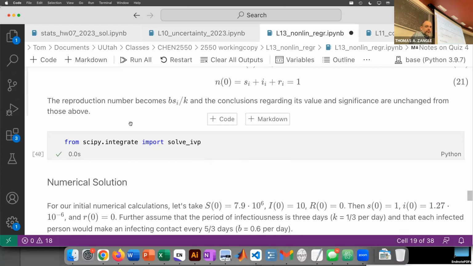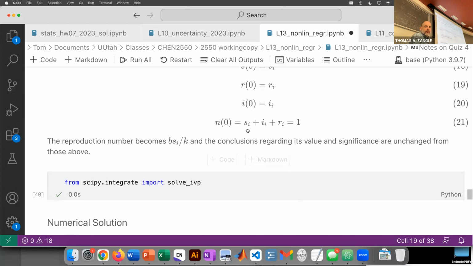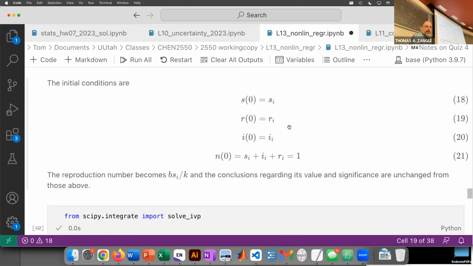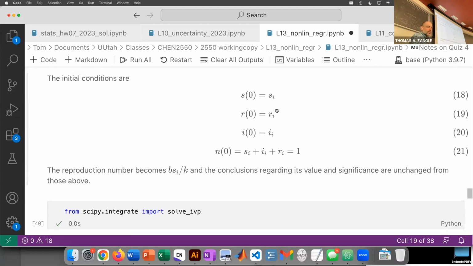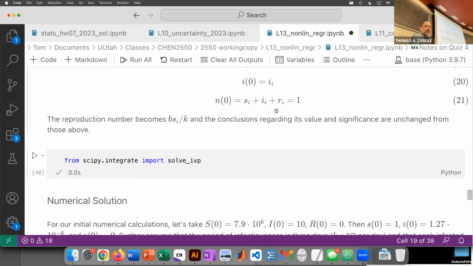Now, if we have a process, in this case a process of infection from some disease that we've described in terms of a set of differential equations, we can numerically integrate to find, for example, the proportions of the population within each of these bins as a function of time.